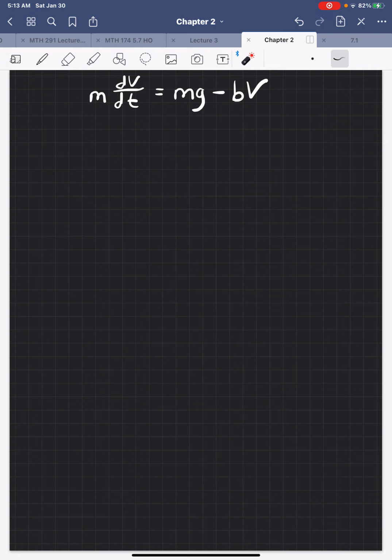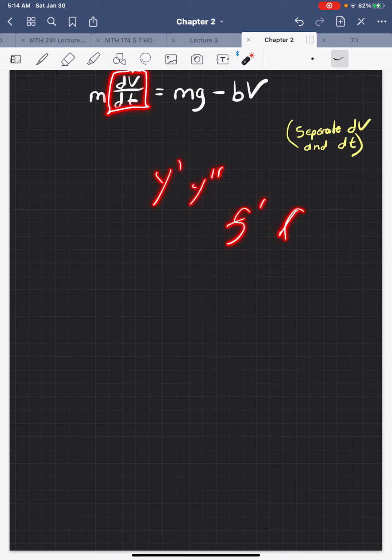So how do we do this? Well, the first thing we're going to do, and if you don't mind, I'm going to write you some notes, is separate dv and dt. This is why, for those that trained with nothing but y primes and y double primes and f primes and f double primes, when you get to differential equations, you see why this Leibniz notation is unbelievably helpful.